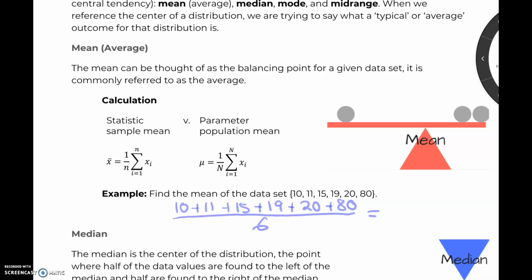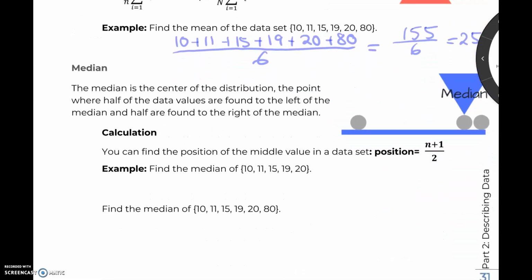Our numerator adds up to 155. We're going to divide it by 6, and we end up with about 25.8. So this is our first average, which is our arithmetic mean, probably the most commonly used average that we've seen in algebra. Our second measure of center is our median.